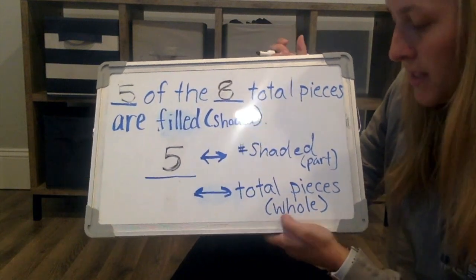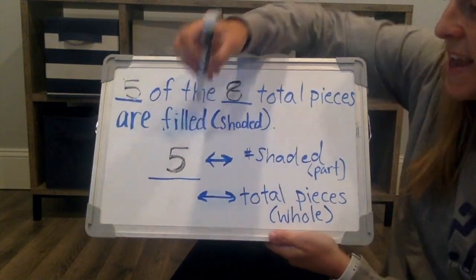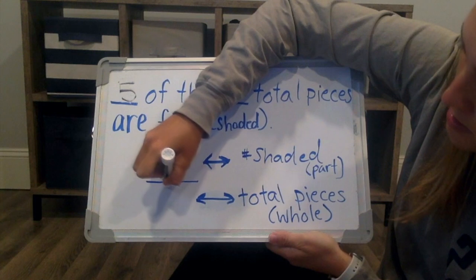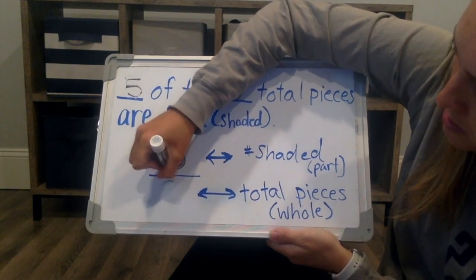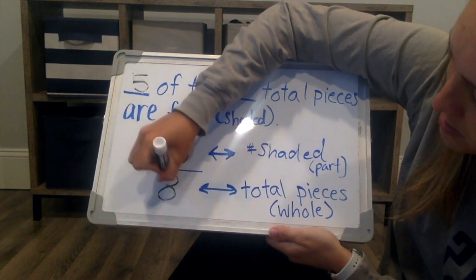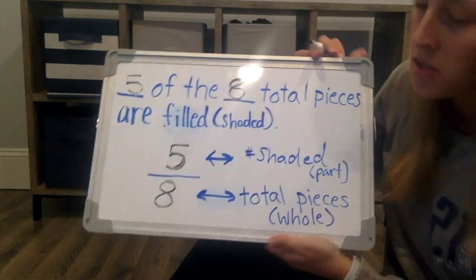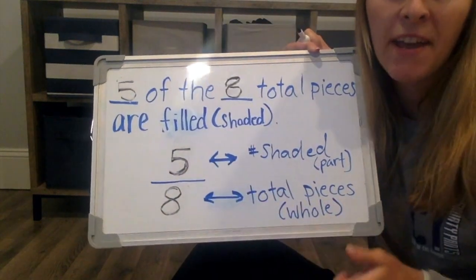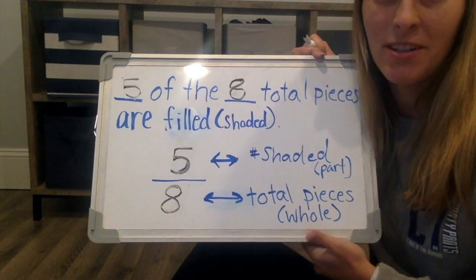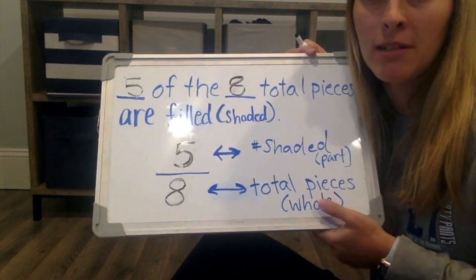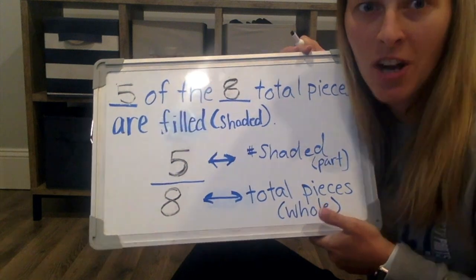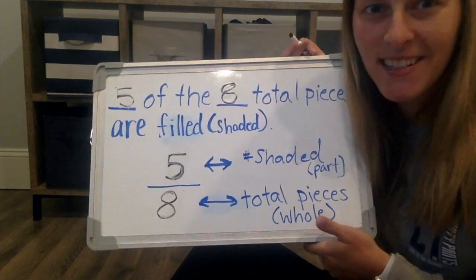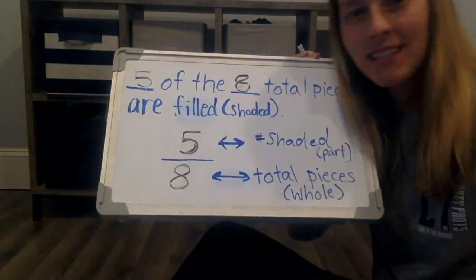So the total pieces, or the whole, was 8. So we have 5/8. Good job, boys and girls. Now we've got to go to a different station to try some more fractions. Please help me out. Let's go.